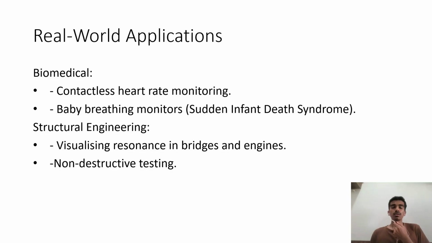So let's move into the real world application part of this project. Engineers use this to see the resonant frequencies in machinery, specifically in structural engineering, where consider building a bridge.